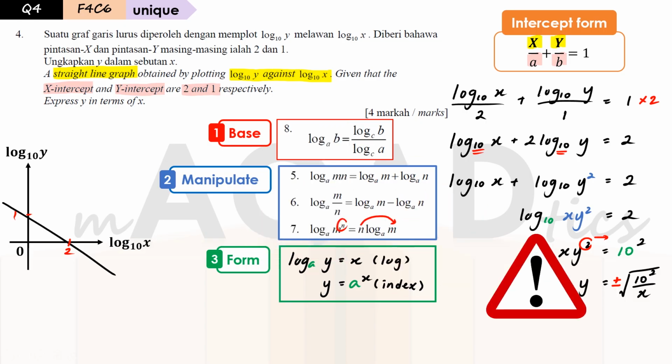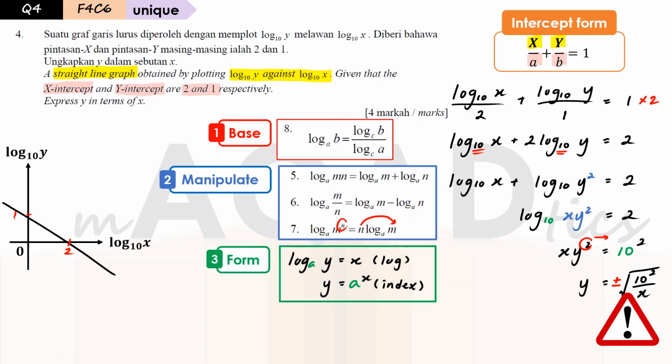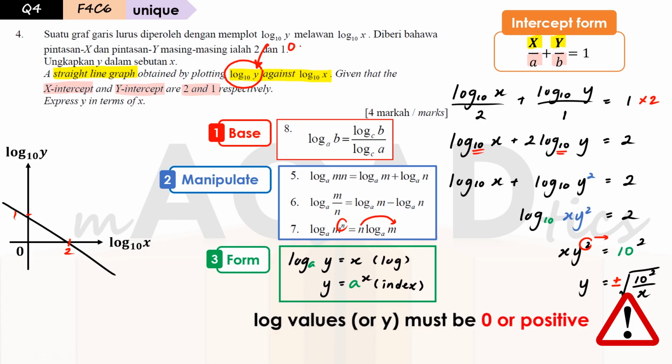Okay, but why did we ignore the negative version? Right, reason is because we need to see where this y comes from. This y actually comes from here. Right? So another very important thing to note for logarithms, for the values of the log, which is y, it must be 0 or it must be a positive value. Otherwise, this will be undefined.